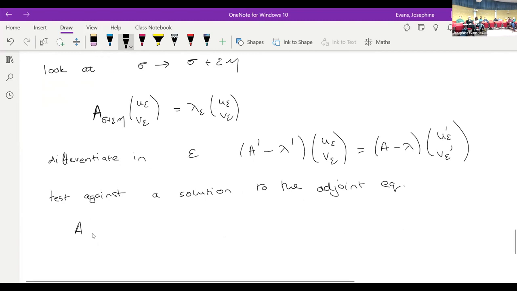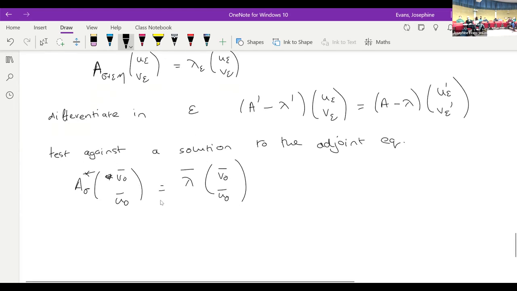we can see that A sigma of u v naught bar, u naught bar is equal to lambda bar v naught bar, u naught bar. Sorry, A star, so the adjoint in L2, just because the adjoint just flips around your velocities. So then you can test against this v naught star, u naught star, and you will end up with this right-hand side disappearing.